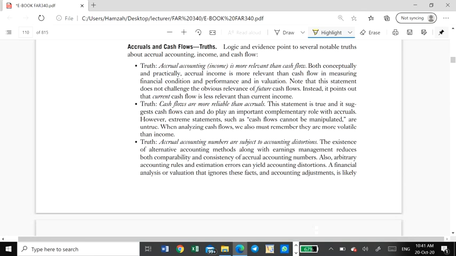So now let's take a look at the truth of accruals and cash flow. So truth ni ada 1, 2, 3, 4 ya. Okay. Truth yang pertama ialah accrual accounting is more relevant than cash flow. Okay.